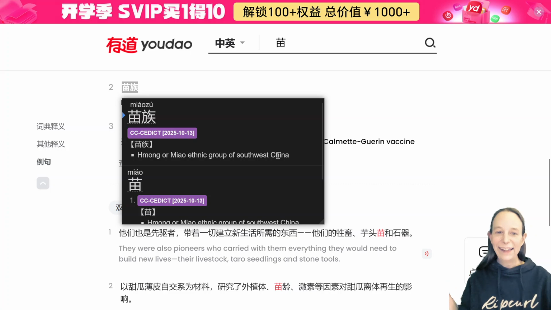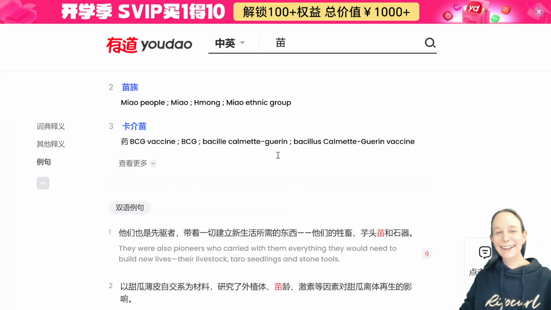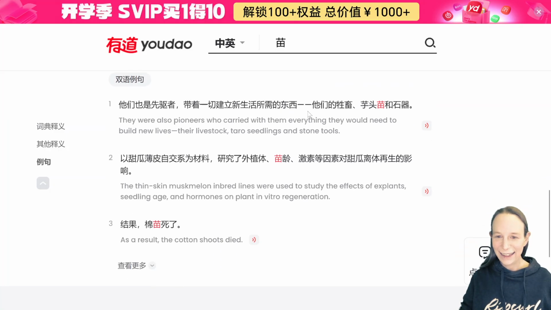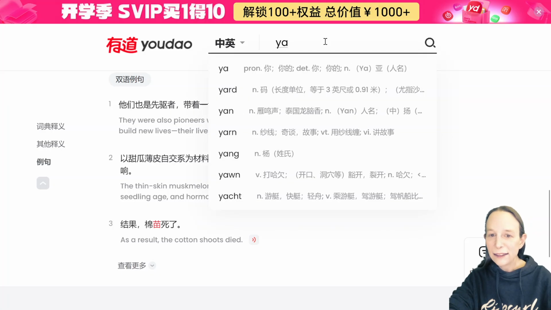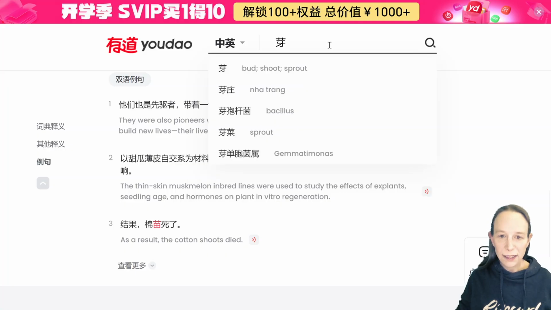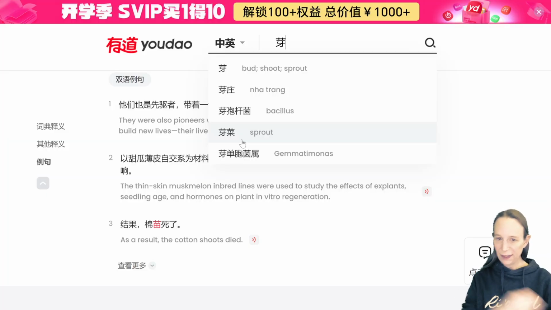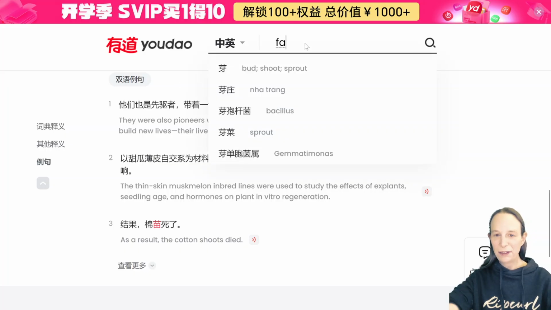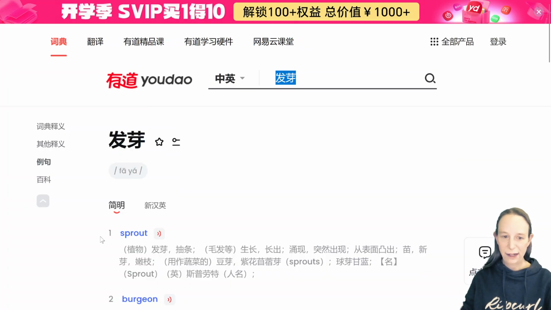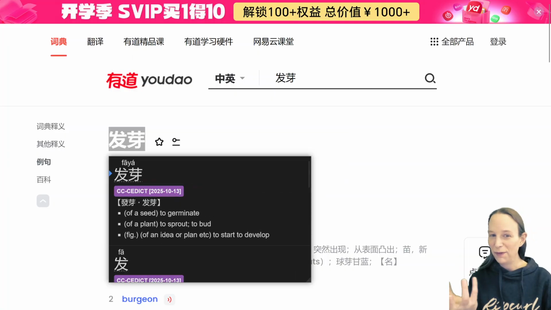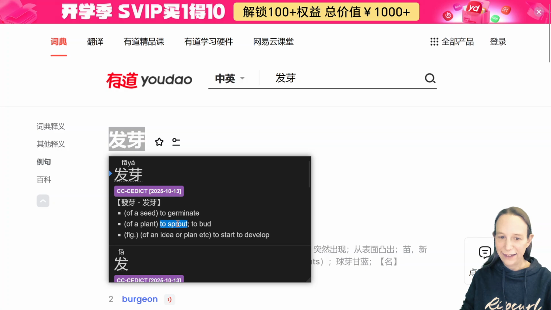Southwest China. I don't know. If you have to guess, it's Yunnan province. All right. Okay, so I'm kind of curious now. I don't know this. 孢 is like spore. Yeah, maybe the most important word is 发芽. So 发芽 is like a verb version of to sprout.